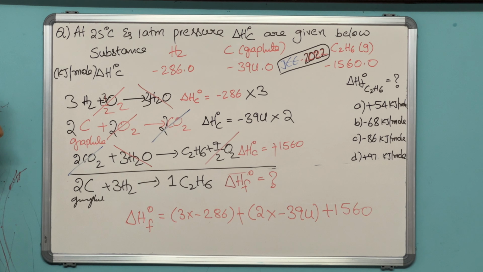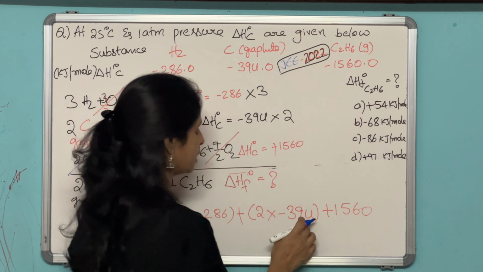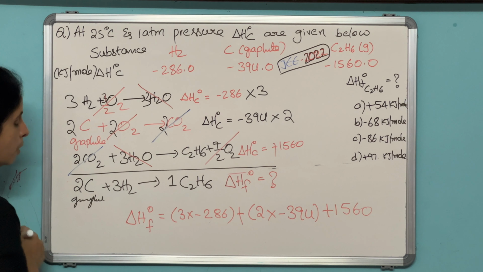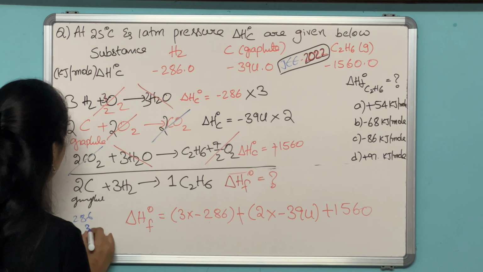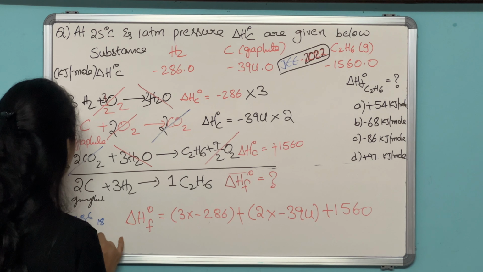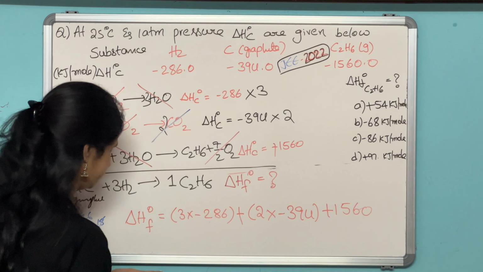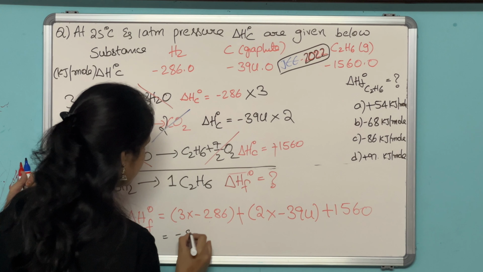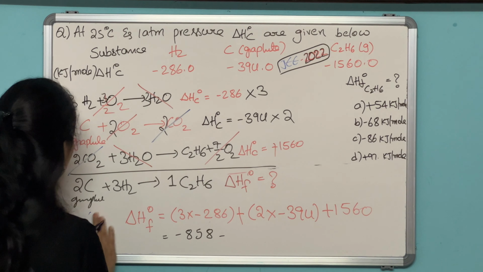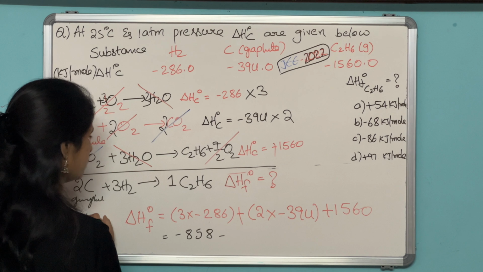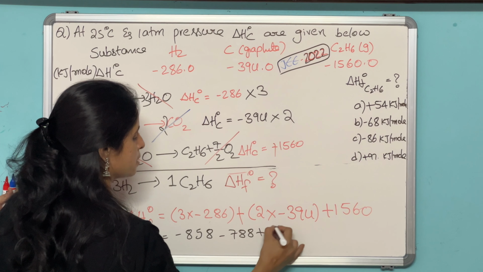Solve this one. 286 into 3: 3 6s are 18, 24, 25, that is minus 858, minus 394 into 2, which is 788, plus 1560.